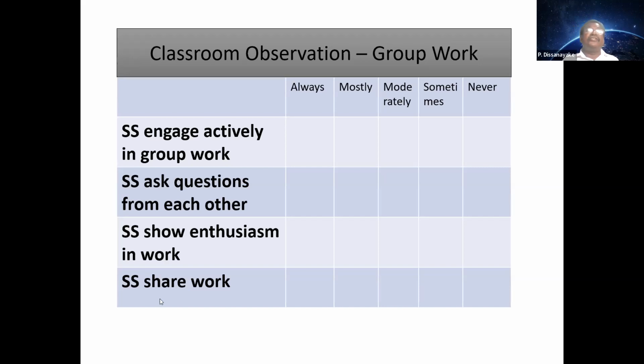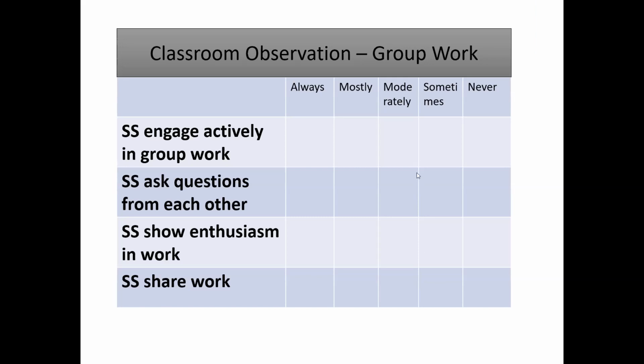You judge, yes, they always do that, and I will mark it. My judgment is that. Students ask questions from each other. No, never, I will mark. Students show enthusiasm. Yes, that group also. You rate, you mark. So this is checklist-based information.